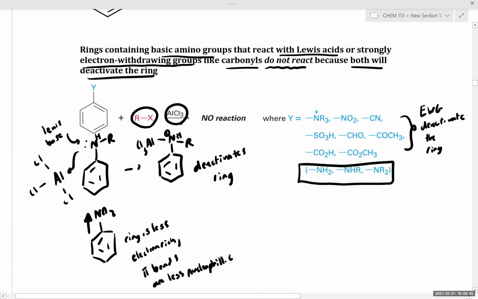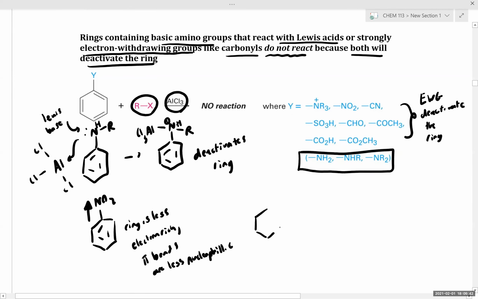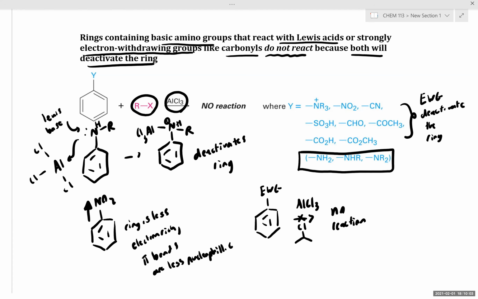So as a result, if we try to subject any aromatic ring with strong electron withdrawing groups to a Friedel-Crafts reaction, what we will instead see is no observed reaction. The ring is not electron rich enough, and the ring is not activated enough for the Friedel-Crafts alkylation to occur.